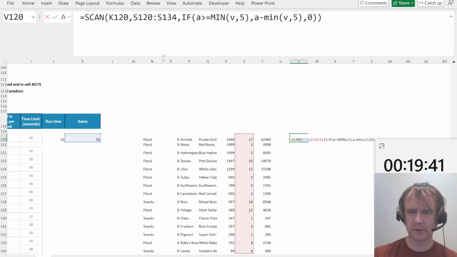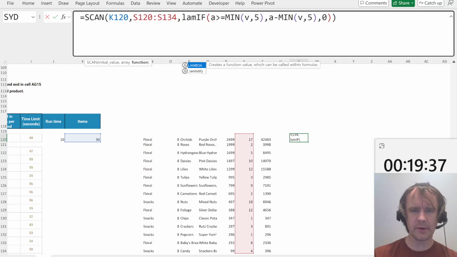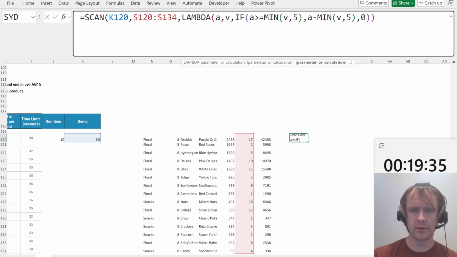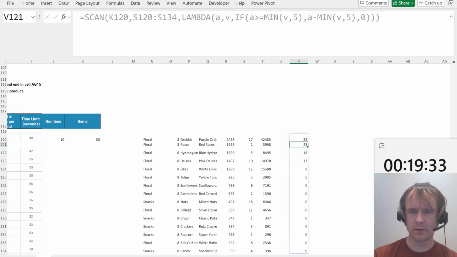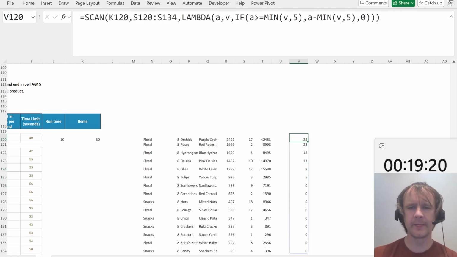I think that's right. Sorry. Lambda AV. So you pick up 5 items there, then 2, then 5, then 5, then 5, then 3, then 5, and you're done. Okay.